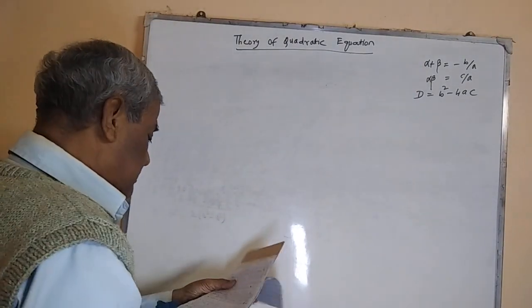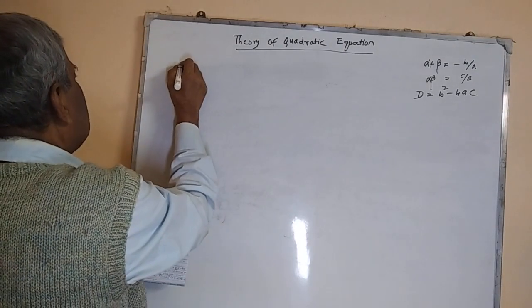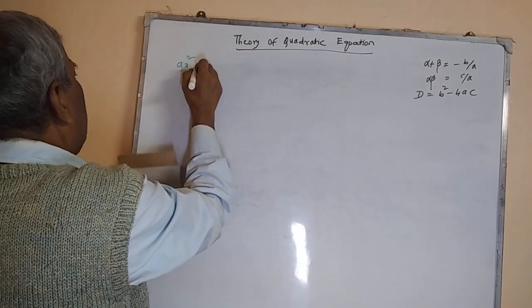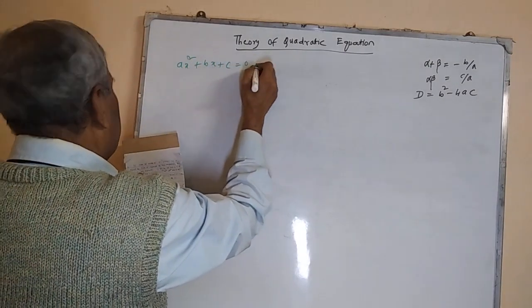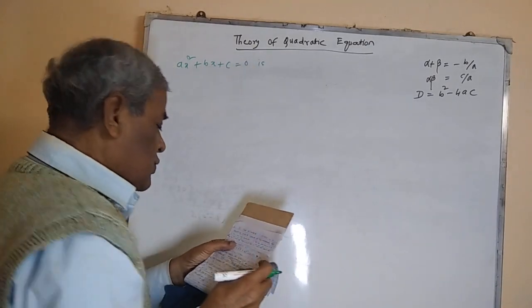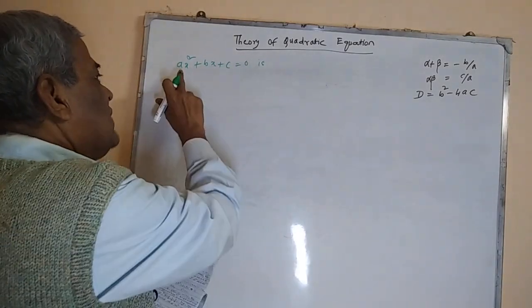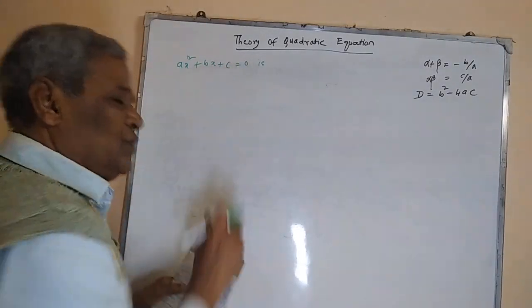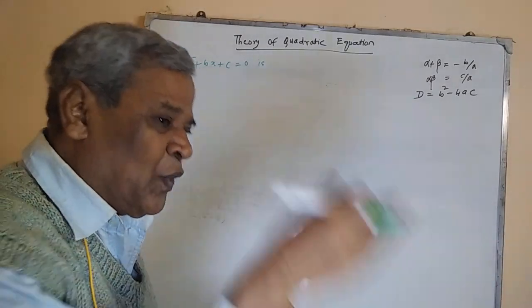First problem: the sum of roots of ax² + bx + c = 0 is equal to the sum of squares of their reciprocals.